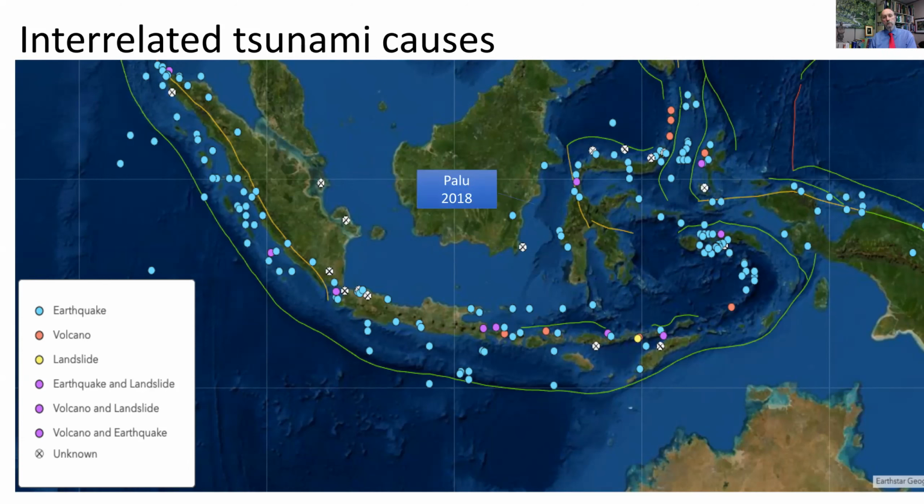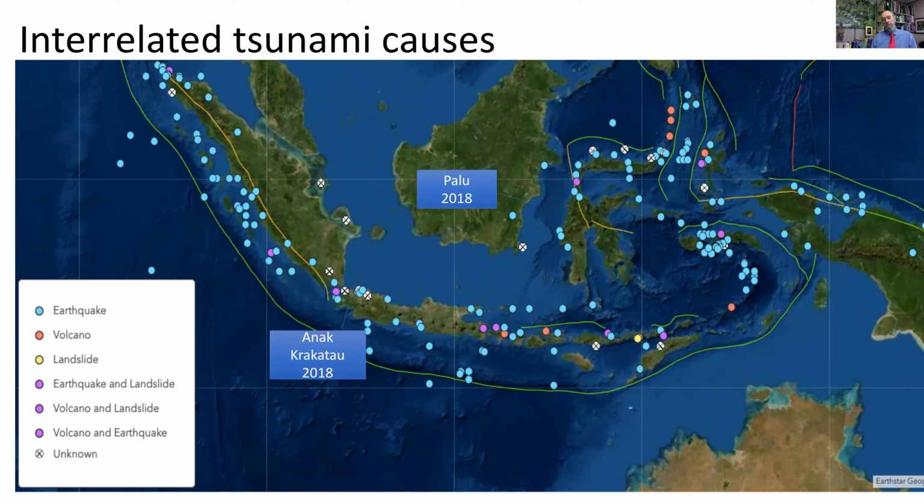Palu is a good example of a tsunami that was unexpected because it was a strike slip fault, but it caused a tsunami by a mechanism related to either landsliding or the geometry of the seafloor or coastal collapse. Anak Krakatau, of course, you know about.